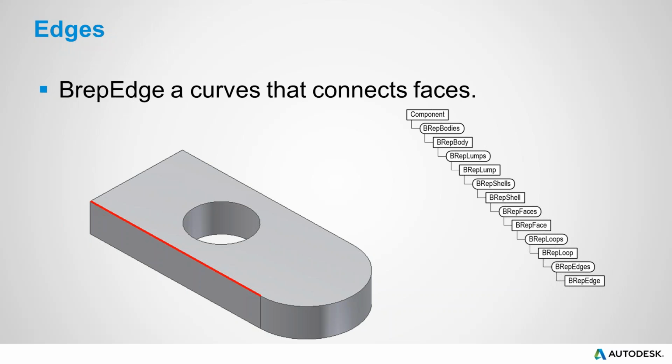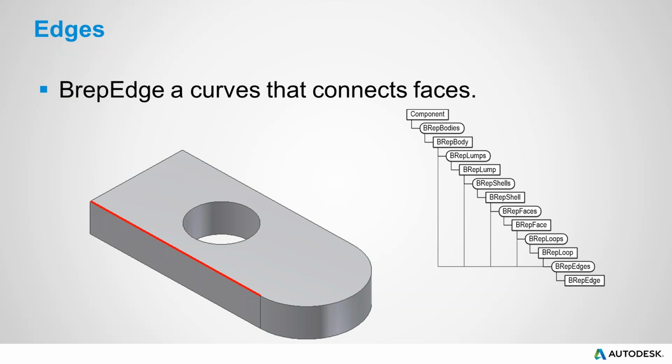The edge that's highlighted is shared by that top face and that side face. So there's a single edge there that's shared by those two faces. And an edge, like a face, is always just an edge. That edge happens to have line geometry, but the edge it's connected to around the end of that part is an arc. So an edge is an edge, but they can have different underlying geometry. We'll look at that a little more in a second.